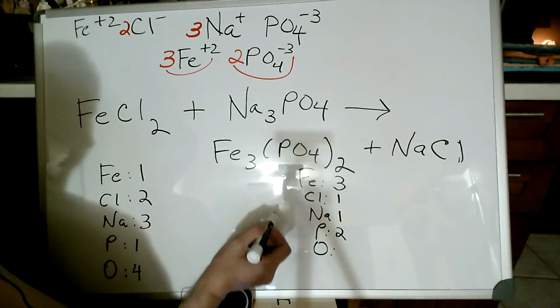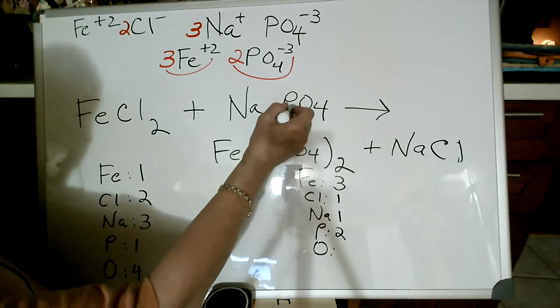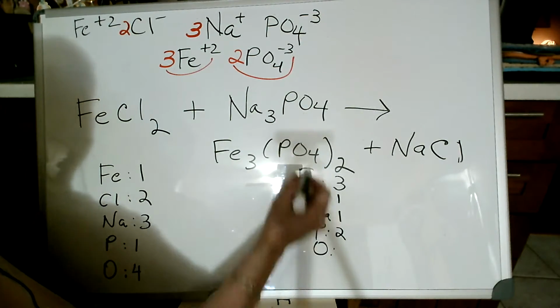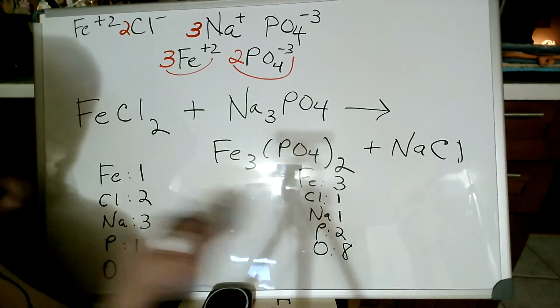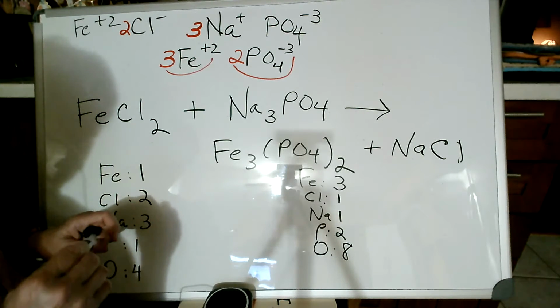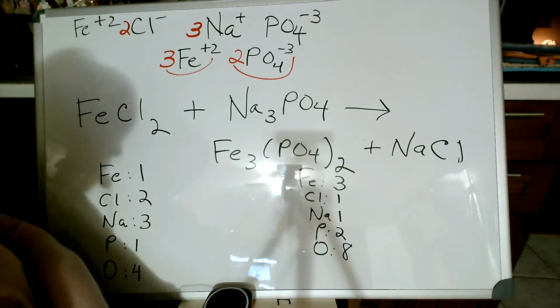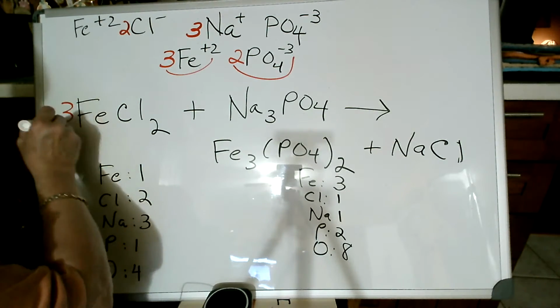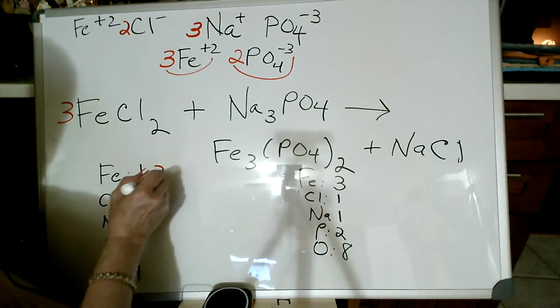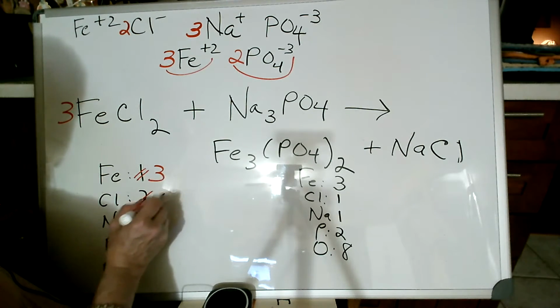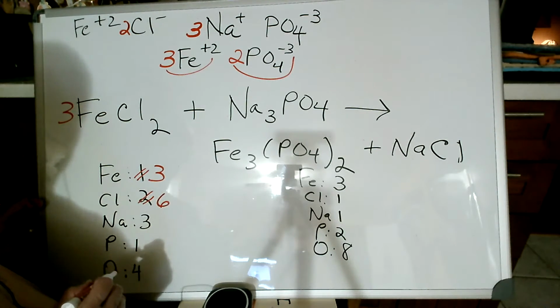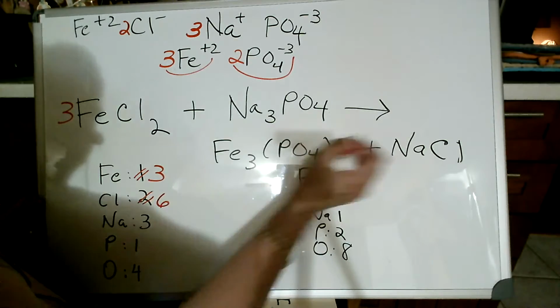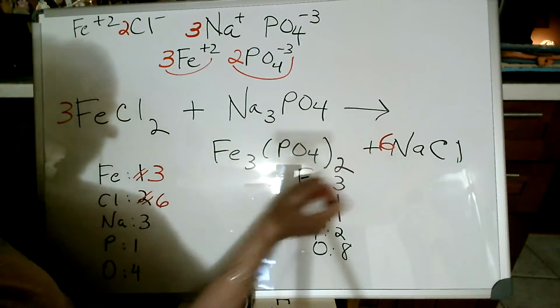We just have to deal with 1 on each side, a source here and a source there. 4 and 2 is 8. Okay, so let's try balancing the iron first. If this is 3, we'll make this 3. 3 iron, chlorine gets affected, 6, and we're all set. Since there's 6 chlorines here, it would be ideal to have 6 chlorines here.